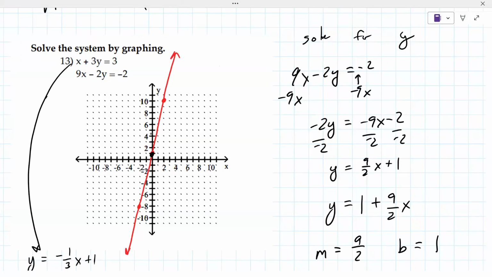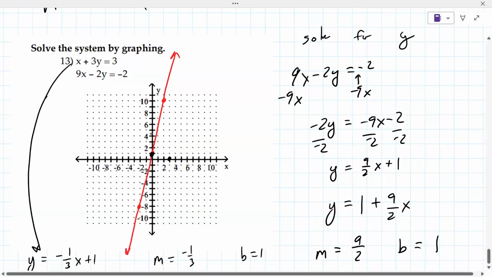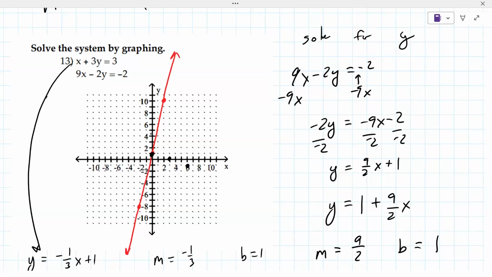The slope this time is down 1 and right 3. Something like that. But you have to give the intersection point. The intersection point there is 0, 1. Is that okay? Yes. All right.